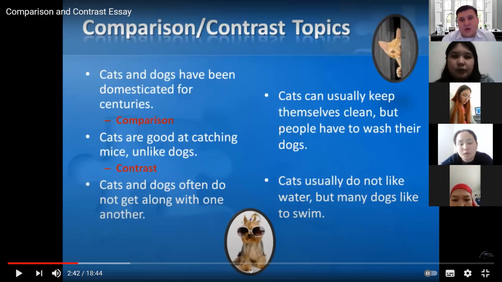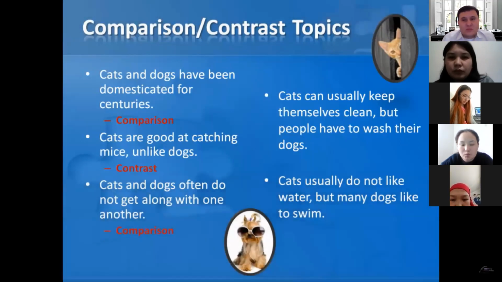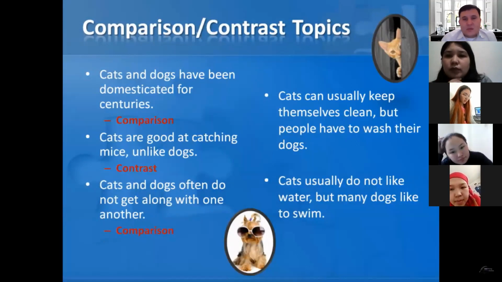Only some of them get along with each other. If you said comparison, you are correct. Cats and dogs, clue word and, both do not get along with each other. That's something they have in common, right? So that would be a point of comparison, or finding the similarities between two different objects.